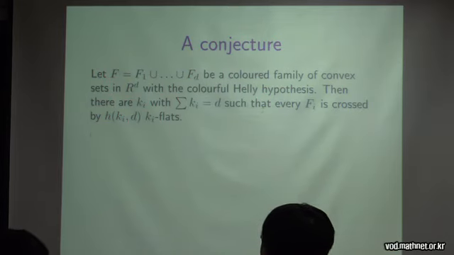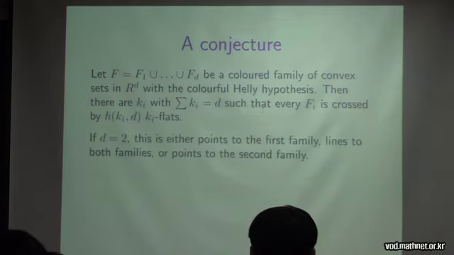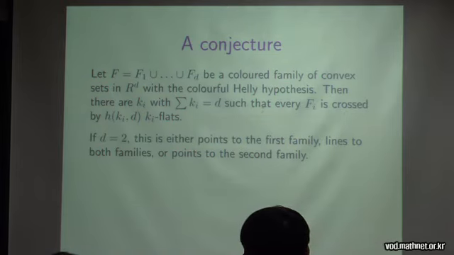So what is this saying? Let's see what happens in the plane. In the plane, you only have two colors. So you only have two k's, and they have to add up to 2. So the only possibilities are 0, 2, 1, 1, or 2, 0. The 0, 2 is points to the first family, and planes to the second one, which is nothing, so it's only points to the first family.